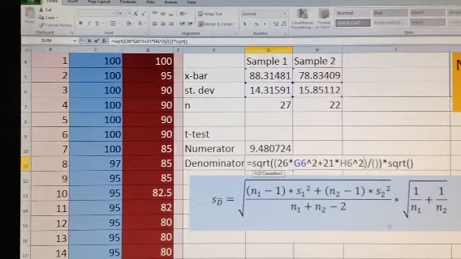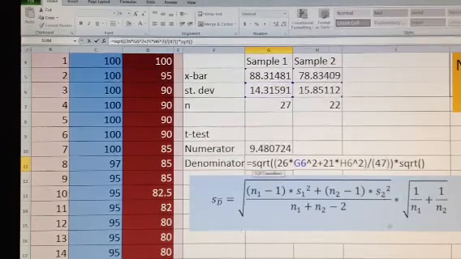And everything under the root is ready. Now the denominator is n1 plus n2, which is 27 plus 22, 49, minus 2 is 47. And the first square root is done.